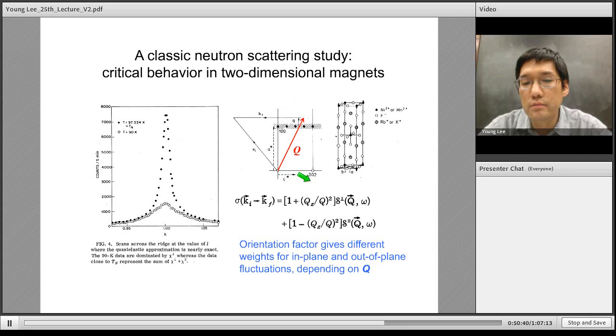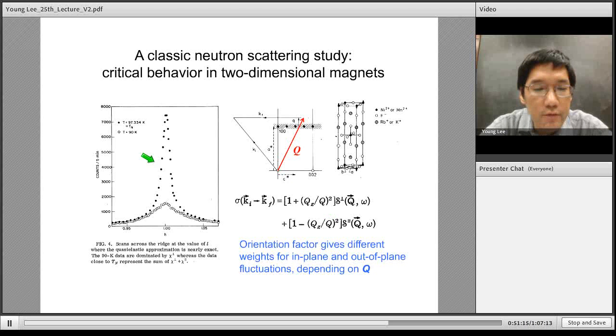If you choose a specific Q position to sit at, then these orientation factors are determined by where you are sitting. It turns out that if you sit at the Q position shown with this red arrow up here, these orientation factors are roughly equal to each other: the fluctuations perpendicular to the planes and parallel to the planes, perpendicular to c and parallel to c. All right.